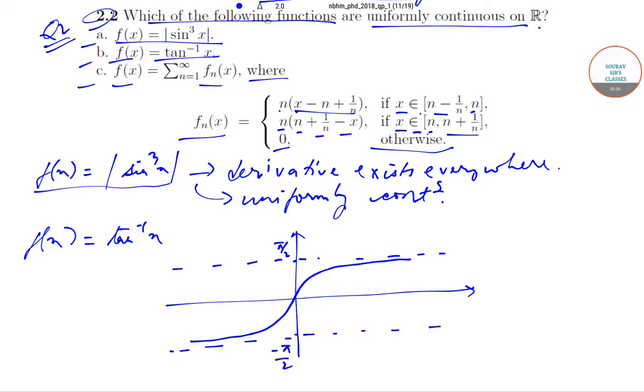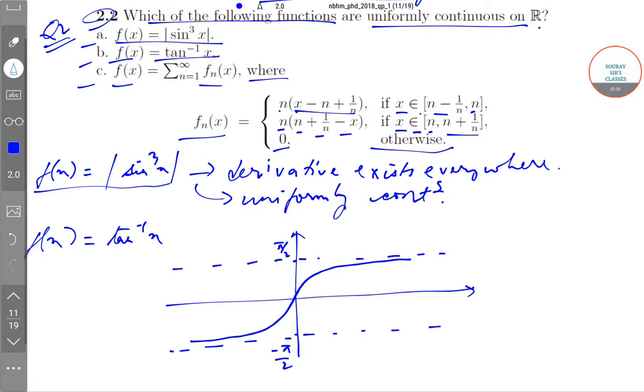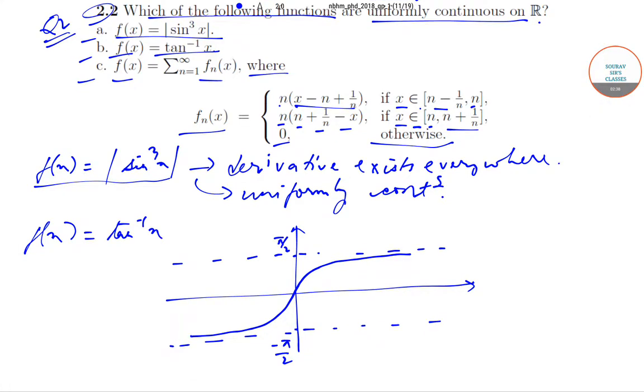As you can see, f(x) equal to tan inverse x is continuous everywhere on R, from R to R. So it is uniformly continuous everywhere. So option B is also correct.